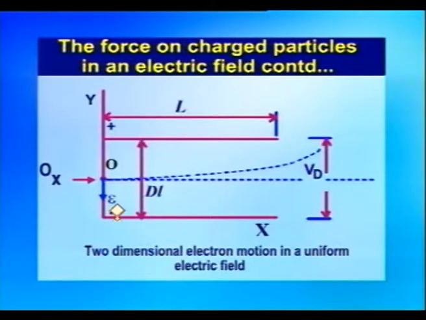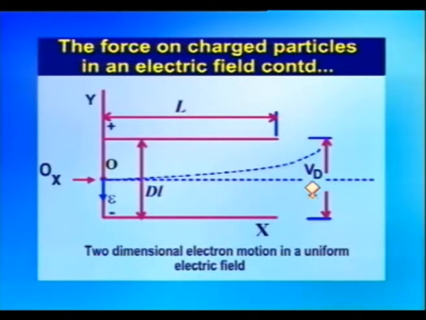The motion of the electron is indicated with an arrow at 0, that is along the x direction, and the distance or the separation between these plates here is given as dl, and force is acting in the negative y direction as indicated by E here. The length of the deflection plates is shown as capital L, and the motion of the particle under the influence of this electric field is shown with a dotted line and indicated here as Vd.